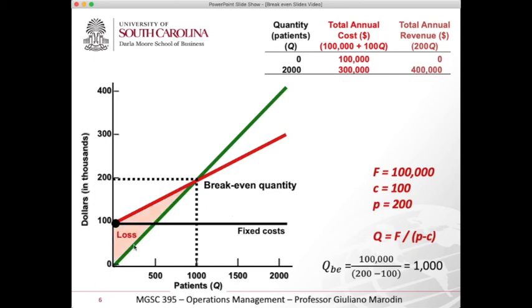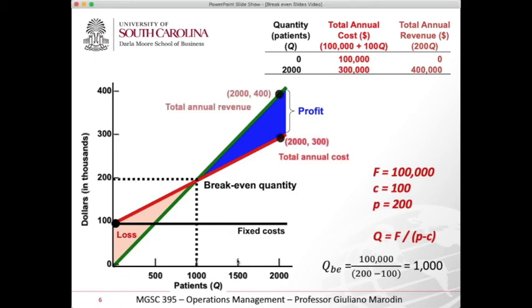So what happens before the break-even point? Well, before the break-even point, whatever quantity this is, I'm going to lose money. I can lose a lot of money, or I can lose a little bit of money. What happens after break-even? You guys know that. I have profit, right? I start making money as I pass the break-even point, and my profit will become higher and higher.